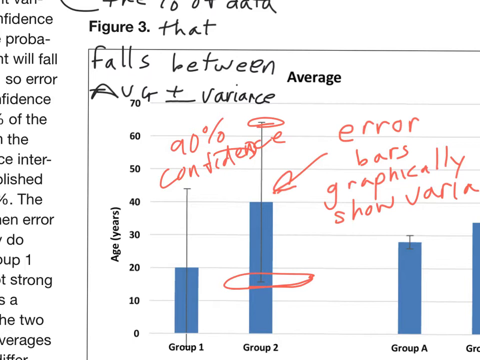Most data published is published at either the 90 or 95% confidence interval.